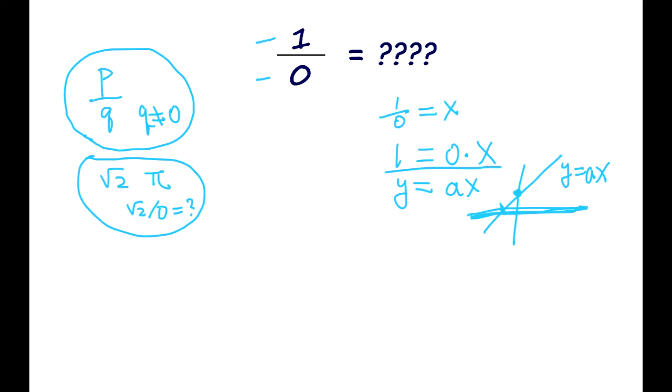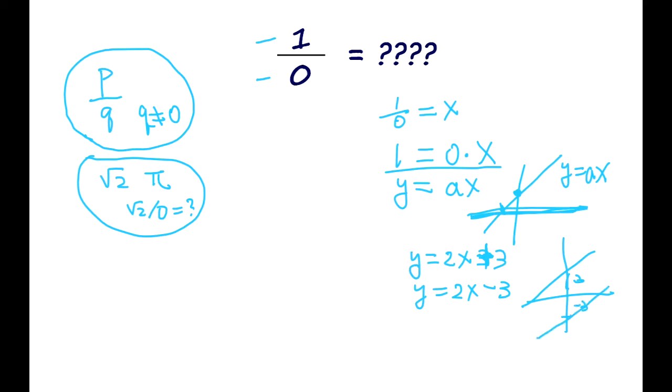This is the same as solving simultaneous equations like y equals 2x plus 3 and y equals 2x minus 3. You cannot solve this simultaneous equation because it's 3 and minus 3. They are parallel lines. They don't intersect, so there's no answer.